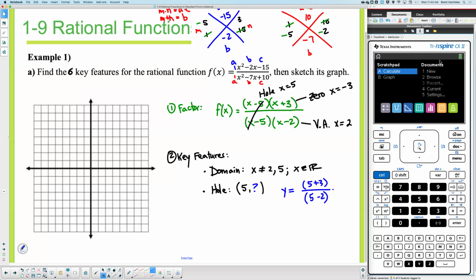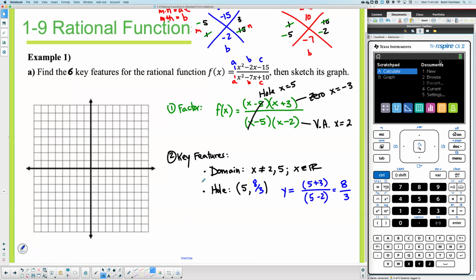That can simplify. What is 5 plus 3? 8, and 5 minus 2? Does that simplify? That's going to be our hole value right there. I don't have much space, so I'm going to try to sneak it in. 8/3. There we go. So let's go ahead and put that on the graph.